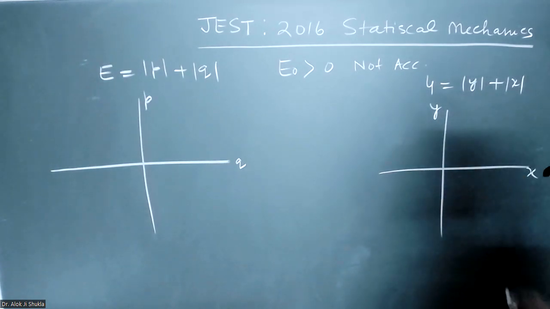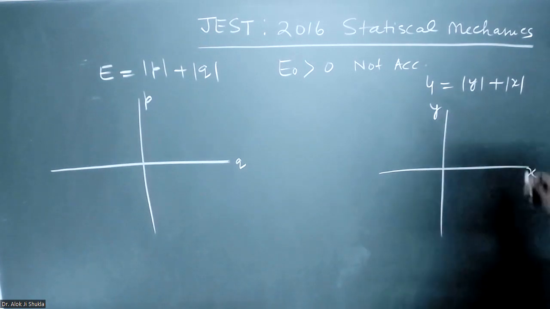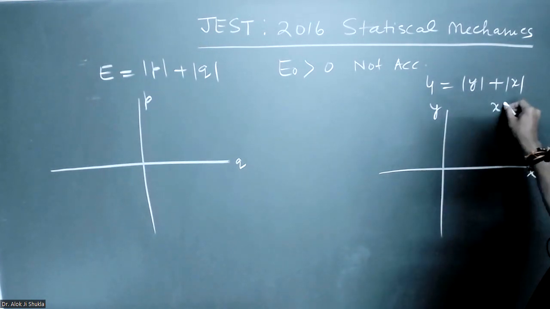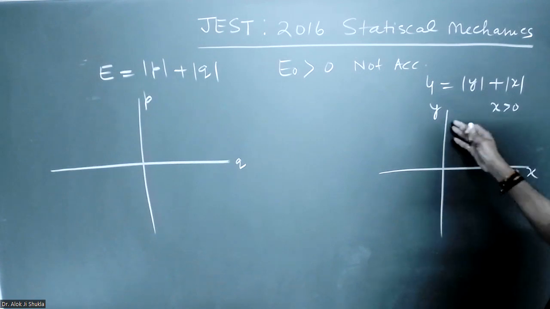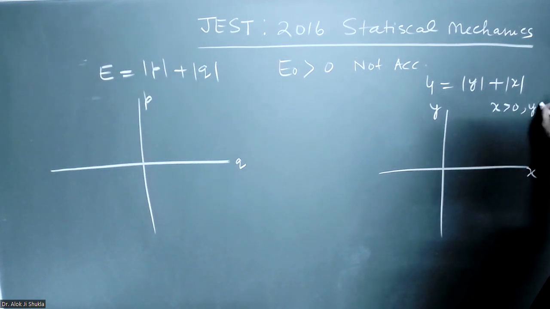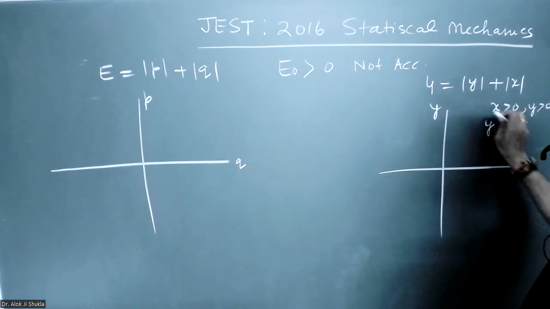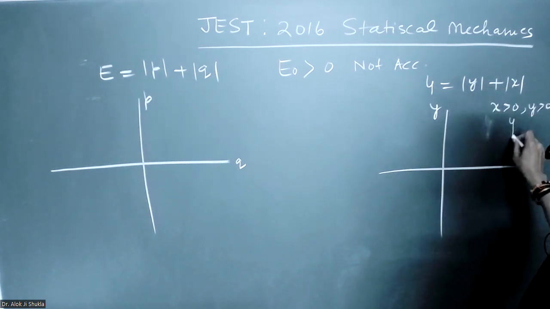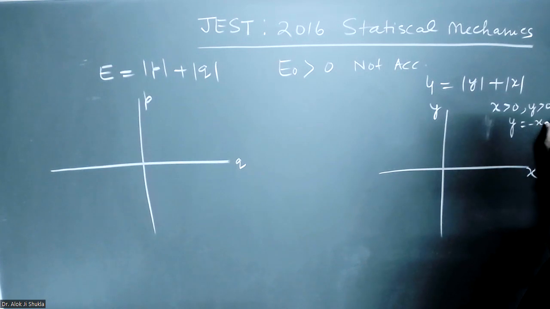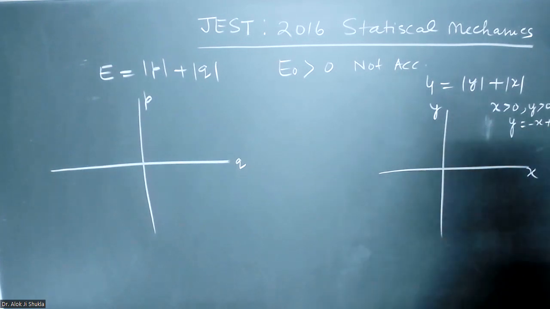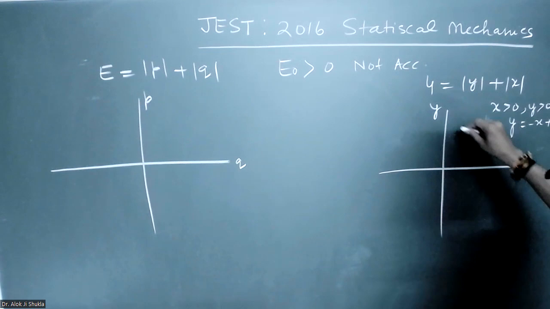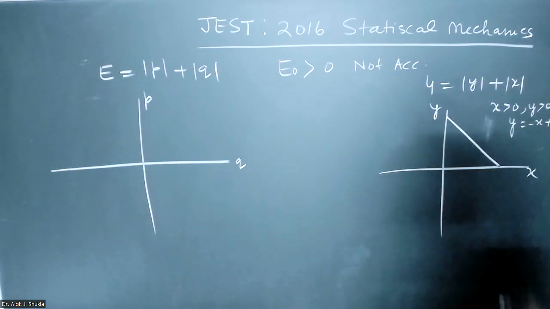And what is the slope? For x greater than 0 and y greater than 0, our graph will be y equal to minus x plus 4, so you will get something like this. This will be the curve.